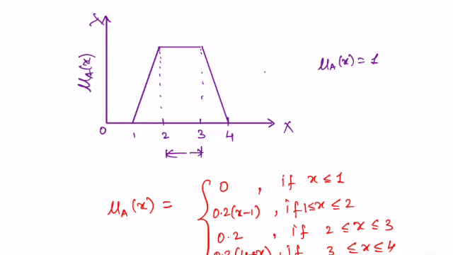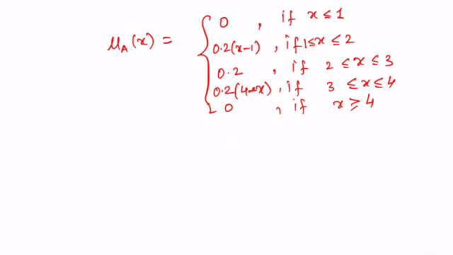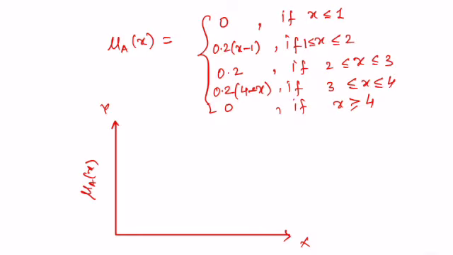So if I plot this one, let us represent this trapezoidal fuzzy set. This is x, this is y, which represents the membership grade. We can write this as mu, say b, because it has different membership grades. So again, it is like 0, 1, 2, 3, and 4.